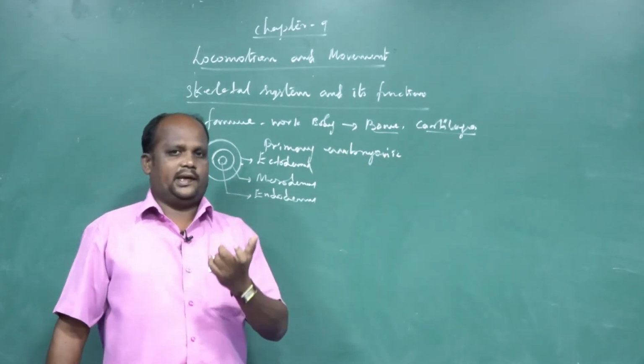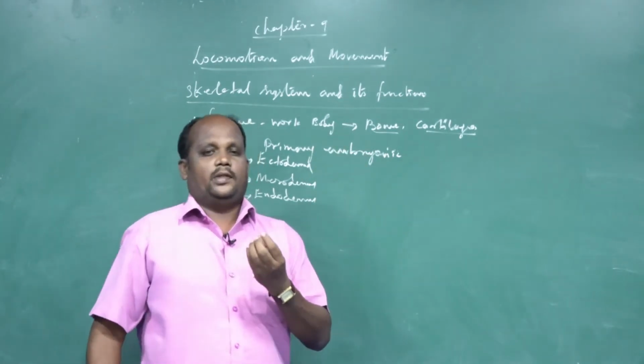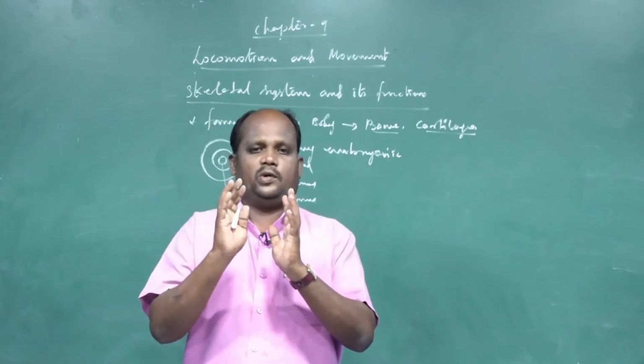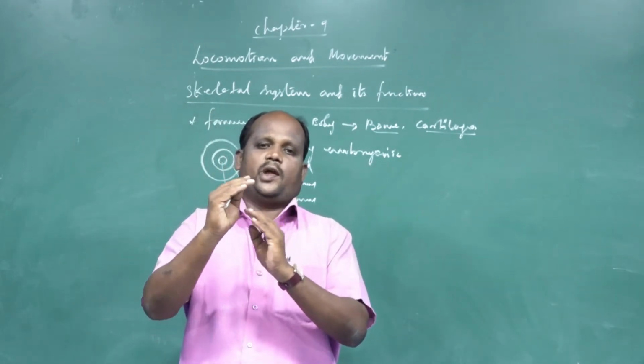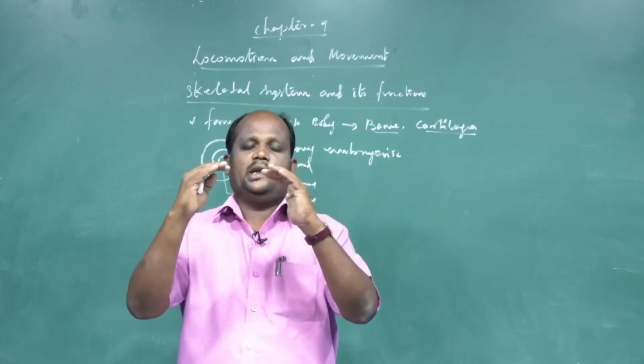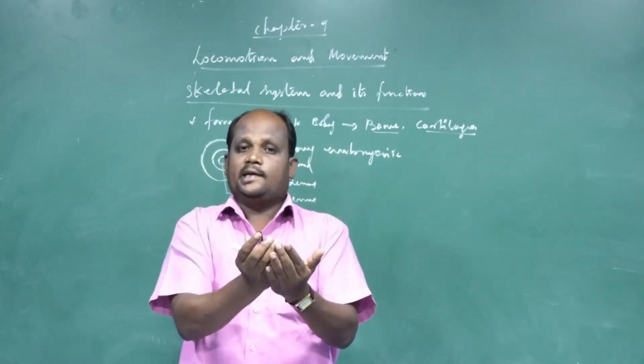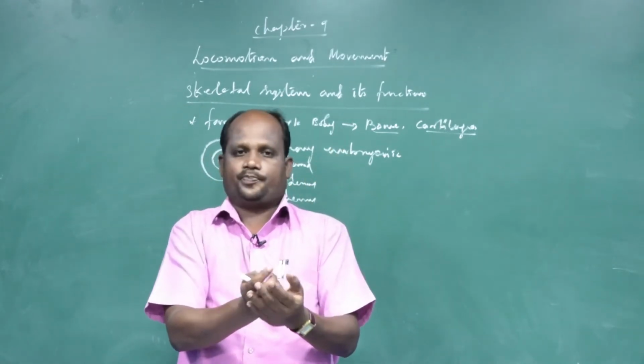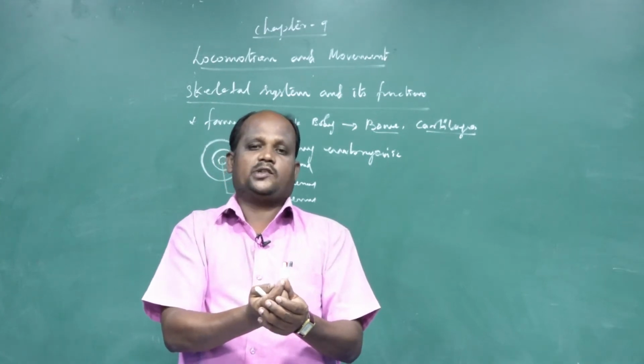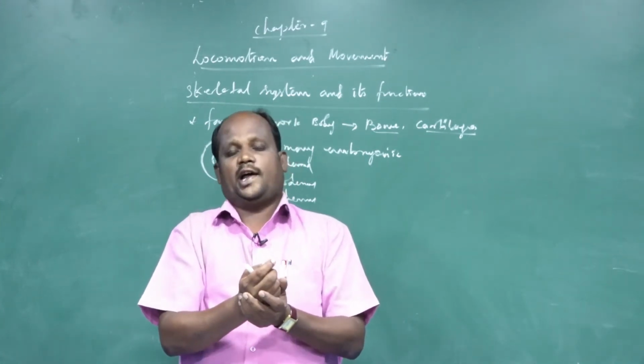The embryonic layers are formed from the zygote, from the union of egg and sperm. The zygote further develops into many cells, a ball-like structure called the blastula. The blastula develops into the gastrula.